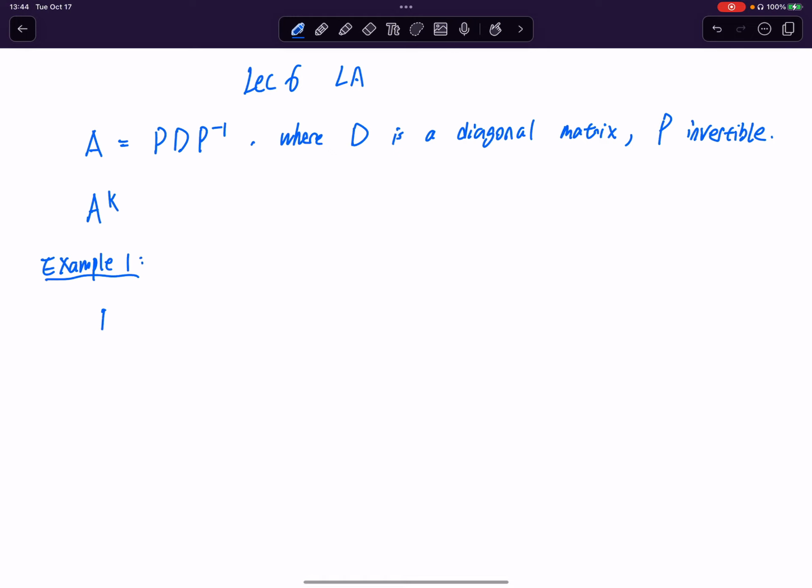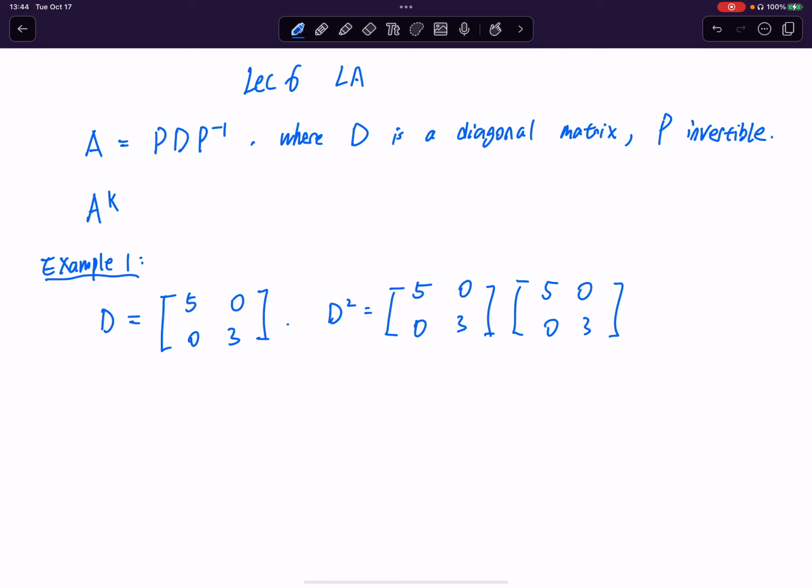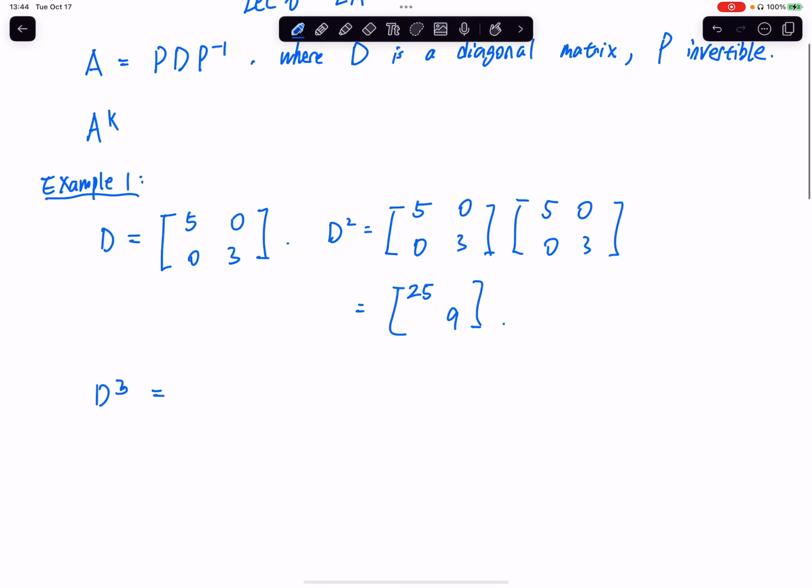If our diagonal matrix D is of the form 5, 0, 0, 3, then we have D squared equals 5, 0, 0, 3 times 5, 0, 0, 3. So this equals 25, 0, 0, 9. And if we multiply to get D cubed, it equals D times D squared, which is 5, 0, 0, 3 times 25, 0, 0, 9.